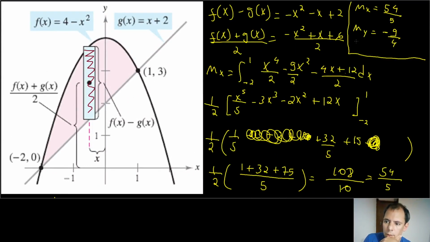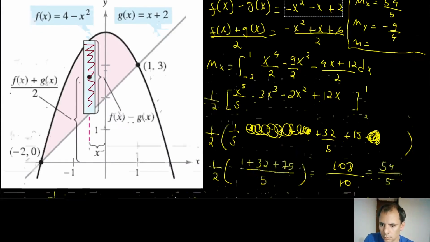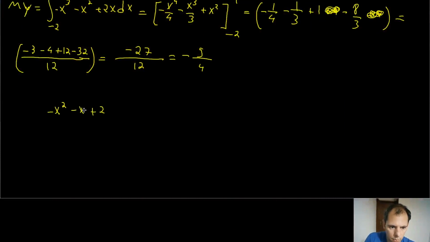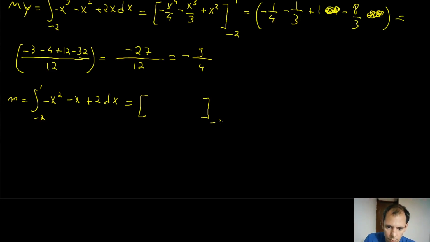Okay. Now we have to calculate the m. The m will be the integral of this. M equals the integral of this from minus 2 to 1 dx, which is minus x cubed divided by 3 minus x squared divided by 2 plus 2x.